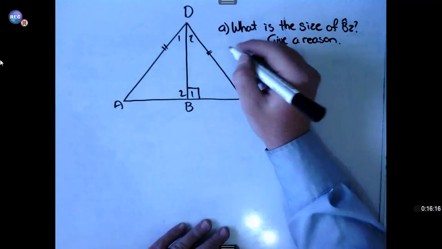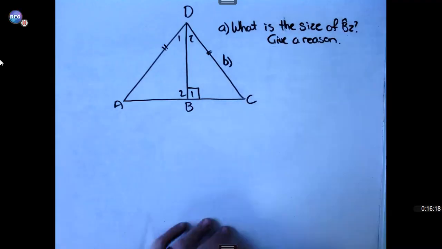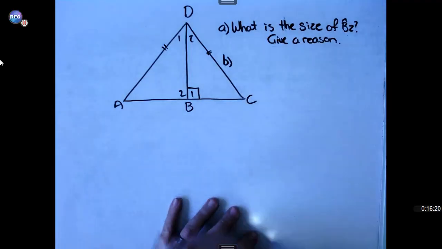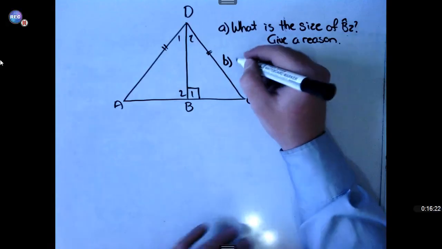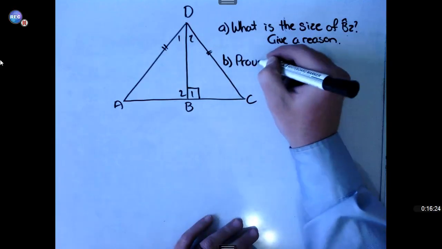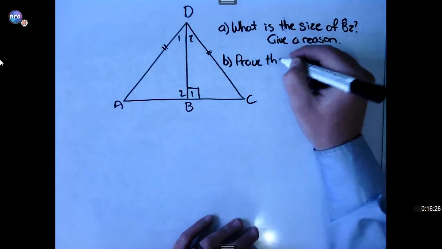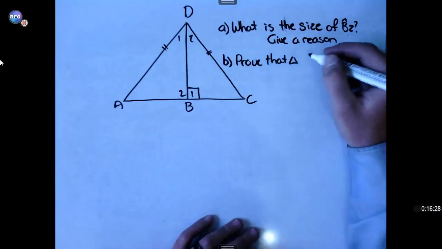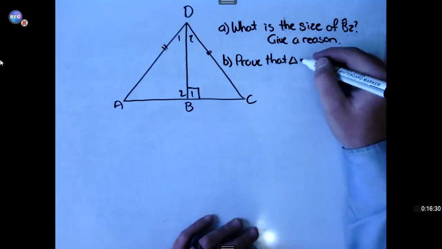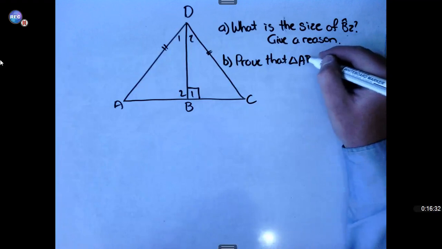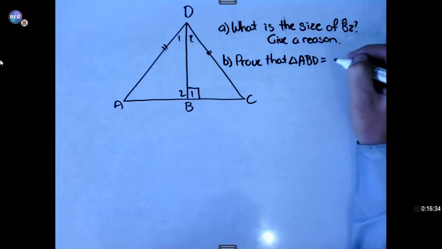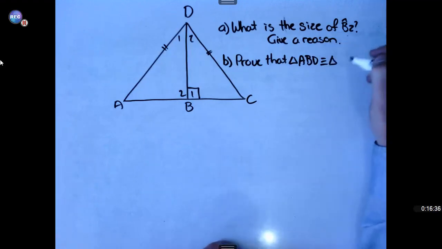Then, question B, I'm going to ask you, prove that triangle ABD is congruent to triangle CBD.